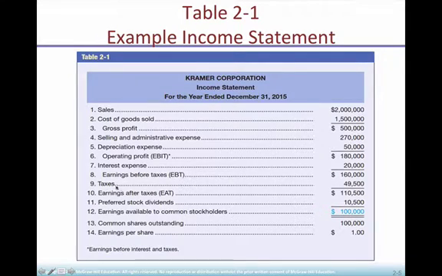In this case, taxes are given, 49,500. Usually the taxes are given as a percentage applied to earnings before taxes. 35% in this case is already calculated for you. We subtract those from earnings before taxes, and what's left over is earnings after taxes or net income.